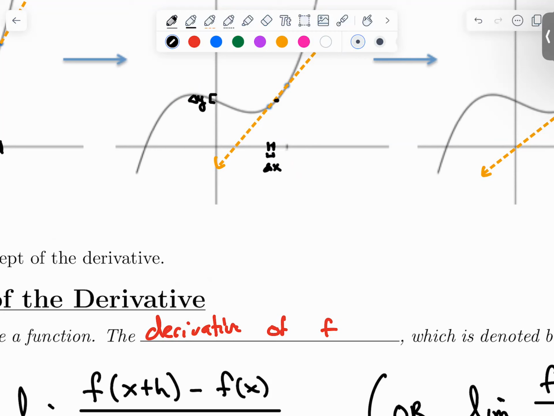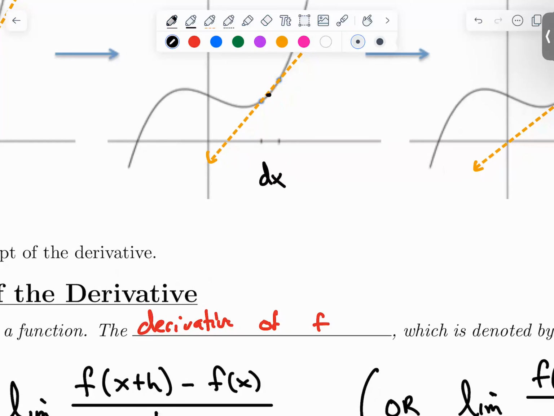And so he made his own concept of a limiting process. What he said is, if we're going to make the difference nothing, if we're going to make delta x basically nothing, he created a concept which he called an infinitesimal. He called it dx instead of delta x.